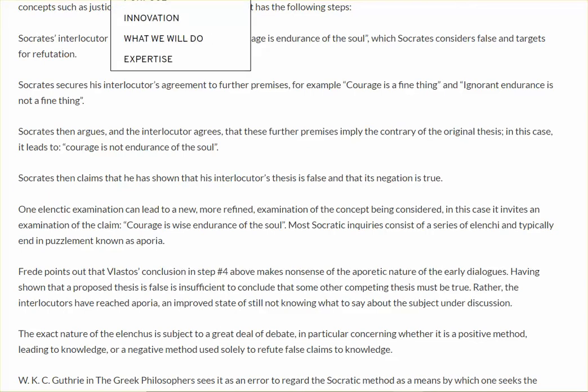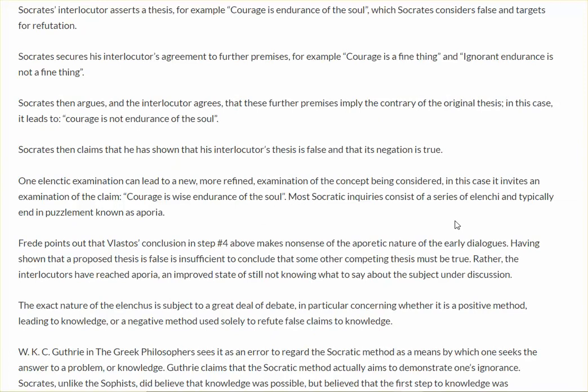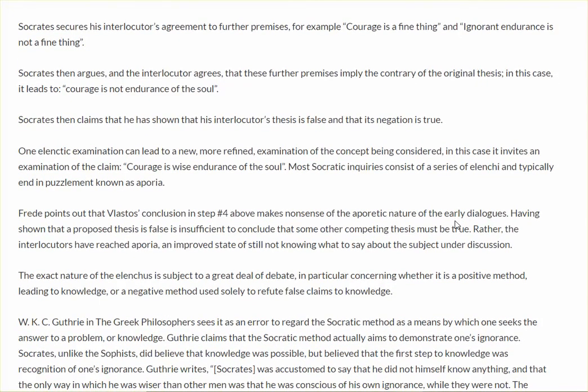Socrates secures his interlocutor's agreement to further premises. Now this is the game of premises: the major premise, the minor premise, and finally the conclusion. For example, courage is a fine thing and ignorant endurance is not a fine thing.